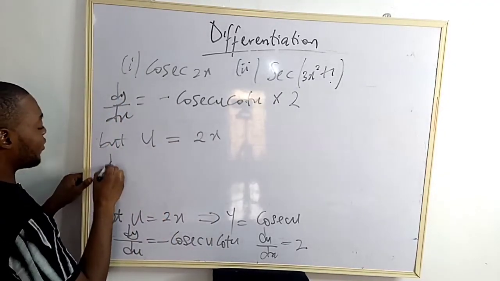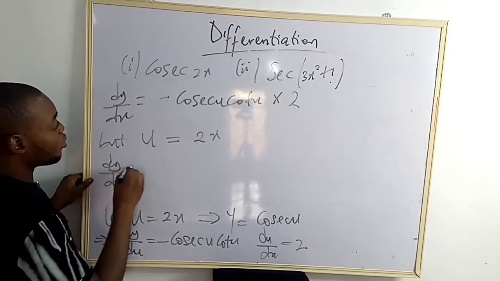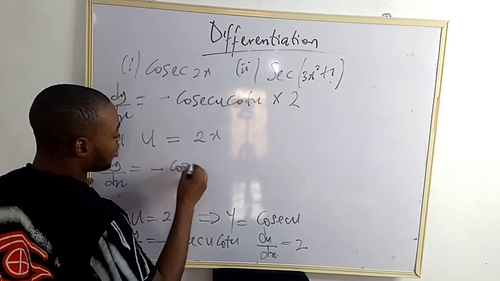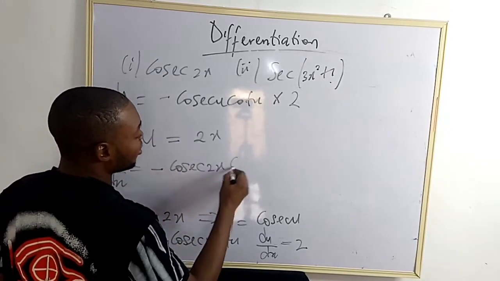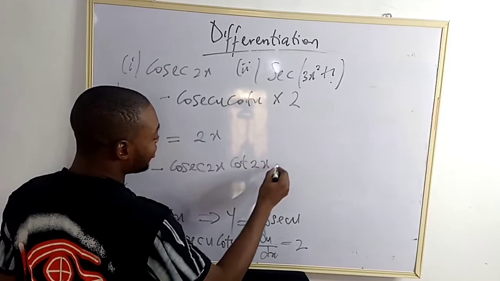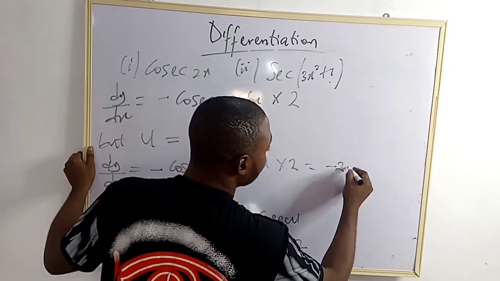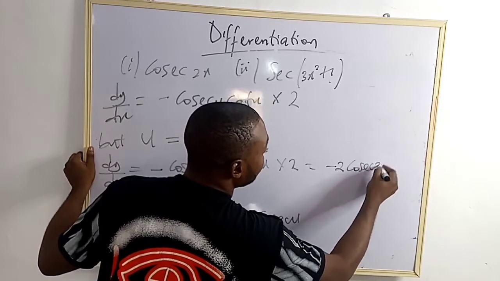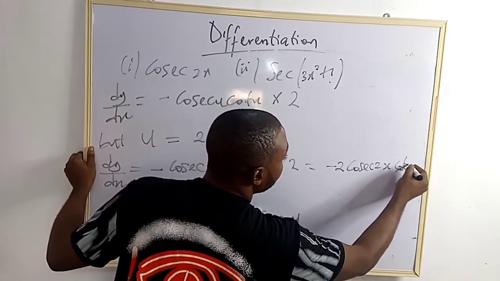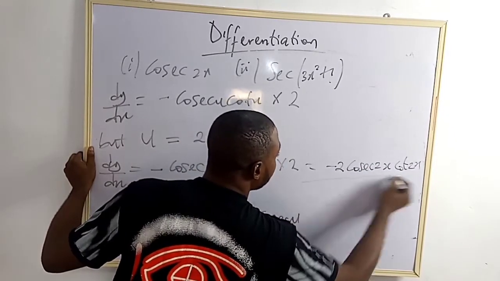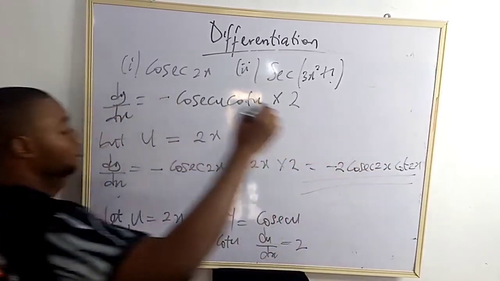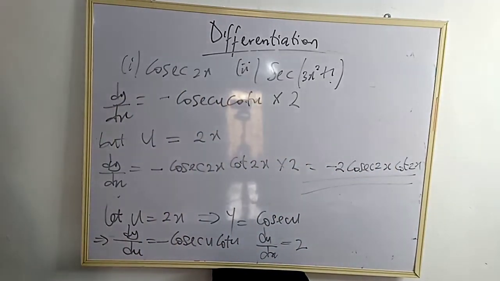So dy/dx is equal to minus cosec 2x cot 2x multiplied by 2, which is equal to minus 2 cosec 2x cot 2x. That is the derivative of that function. So on to the next question.